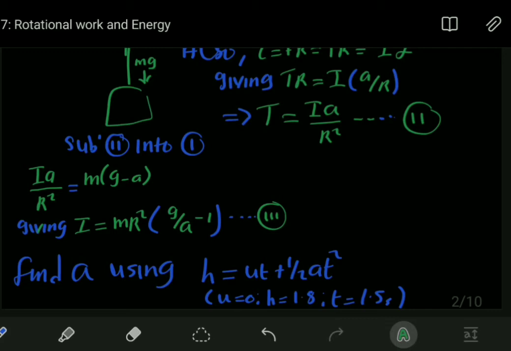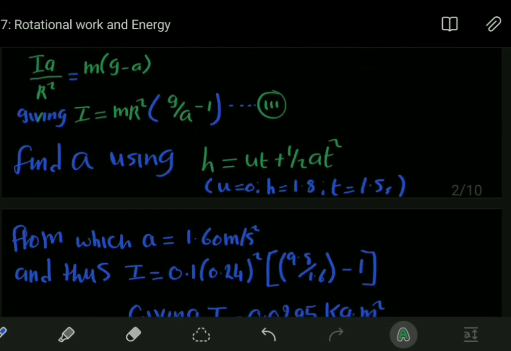We have h equals initial speed times t plus half at squared. But we know that u is 0. So if we work this out, we're going to find our acceleration as 1.6 meters per second squared. Okay, I hope you're following.